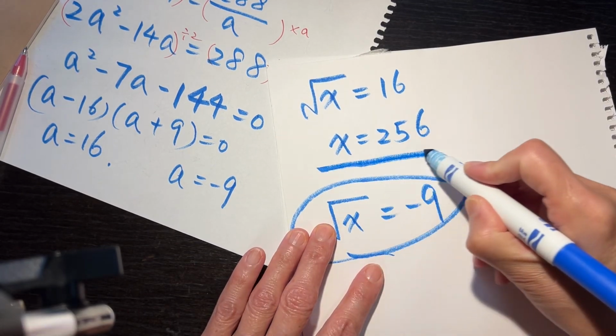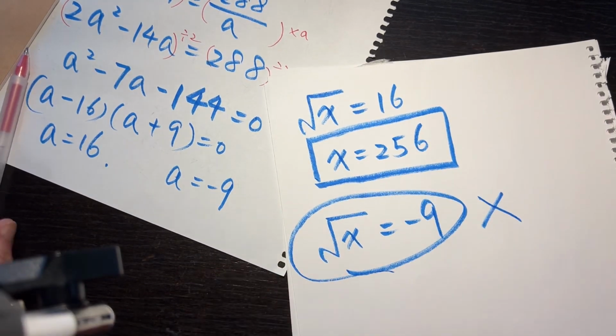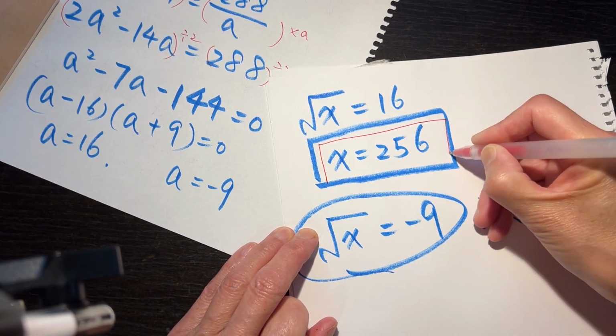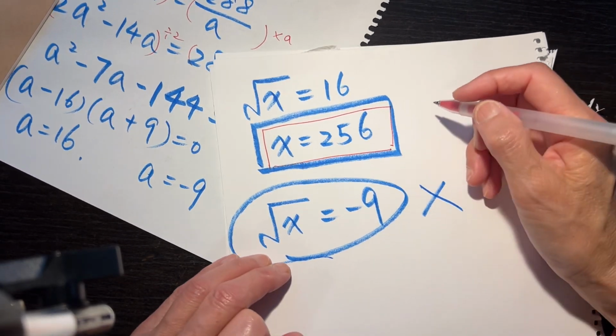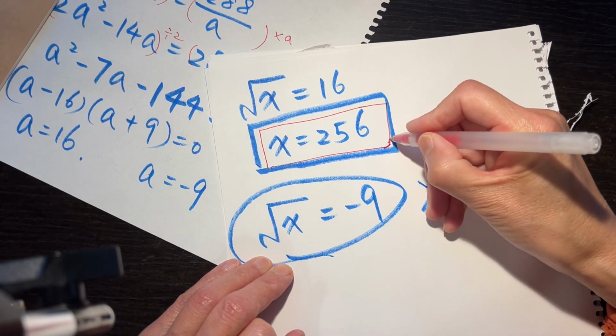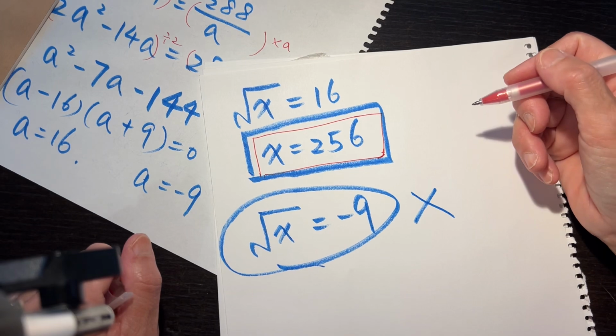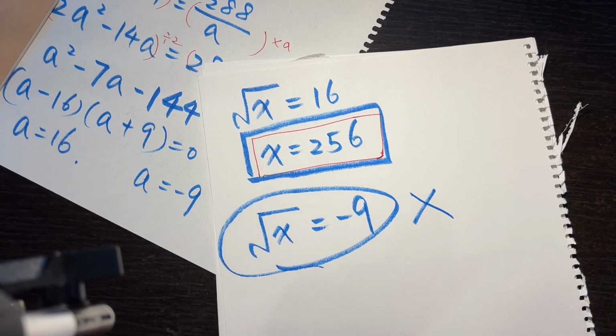So the answer is x equal to 256. That is x, 256. That's it.